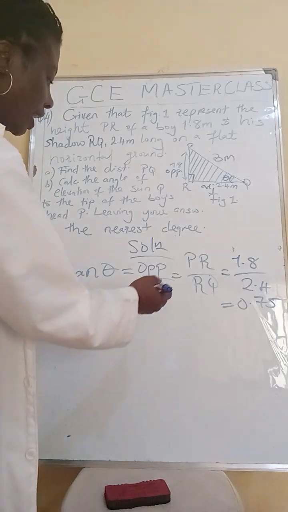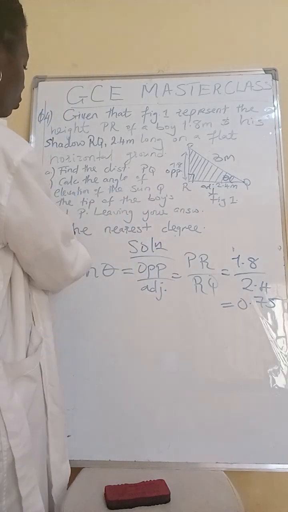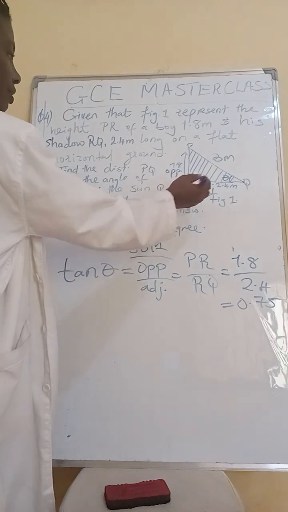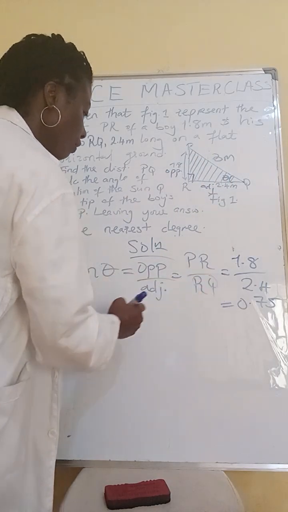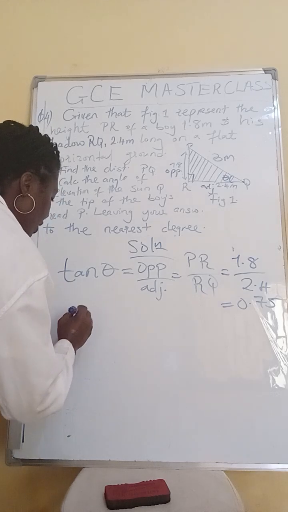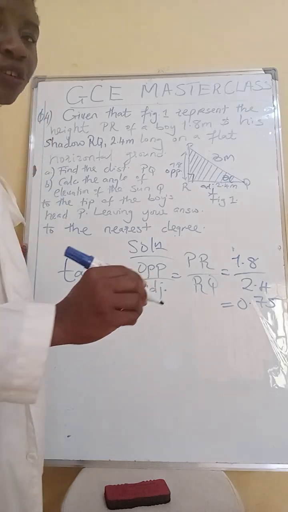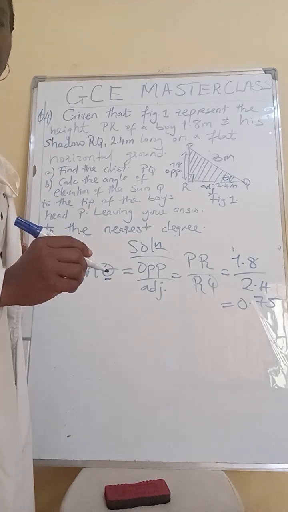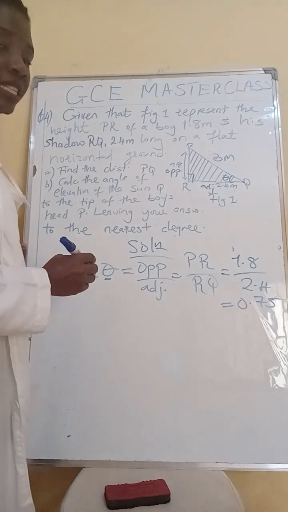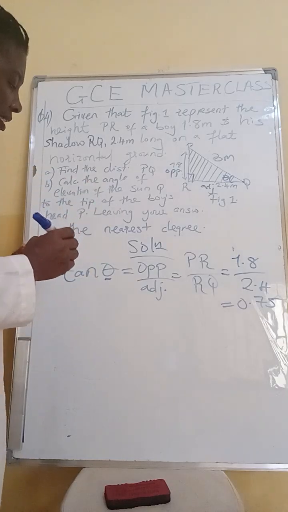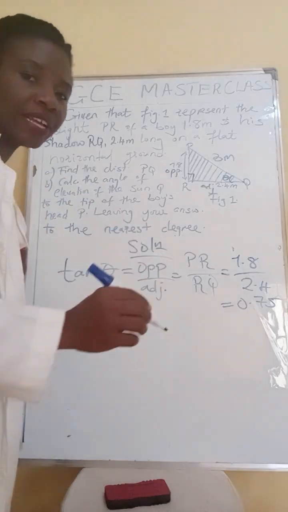Then, because they say we should look for the angle, this angle of elevation, which is theta, we use the inverse tangent.